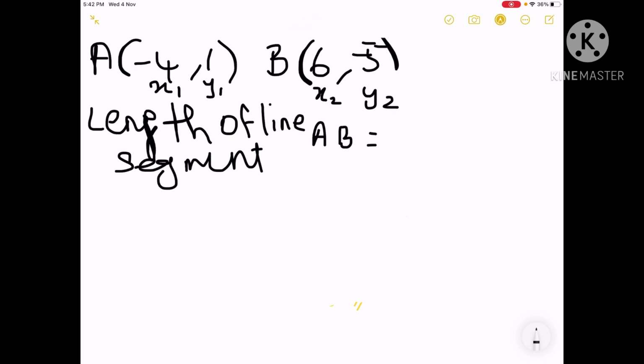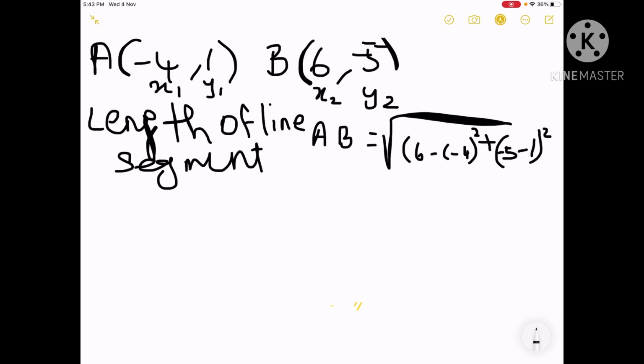This never changes. So you can use AB equal to the root of x2 minus x1. The x2 value is 6 minus of minus 4, whole squared, plus the y2 value is minus 5, y1 value is 1, whole squared.